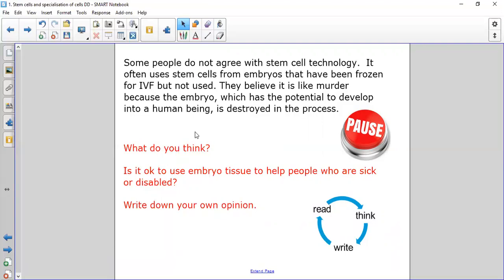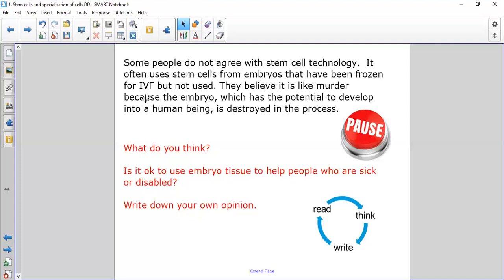And then that fertilized egg will start to grow into an embryo. And in IVF, what they would do is put the embryo back into the female's body and hope that it will join onto the wall of the uterus and it will grow into a baby.